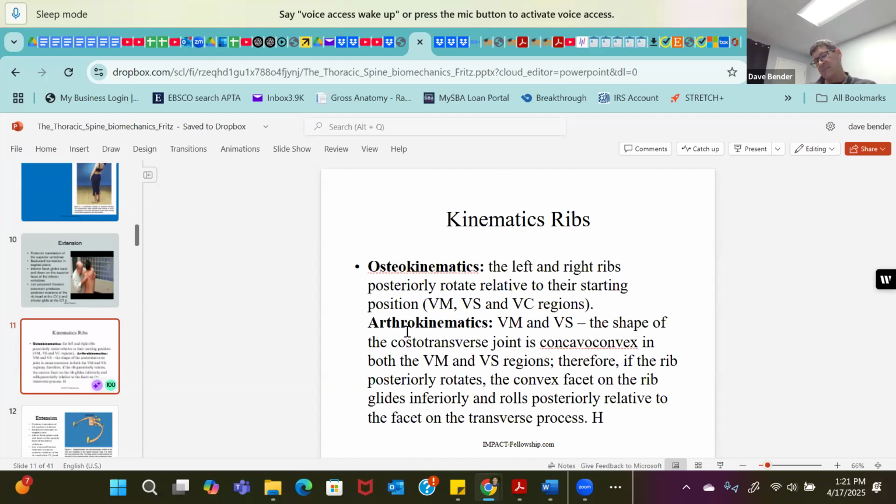Many times what we're going to see in the thoracic spine, when we look at these arthrokinematic restrictions, is that this rib restriction at the costotransverse joint that doesn't allow this roll, not only when I extend, but also when I inhale or exhale, is going to change my movement strategy. And these things will impact that.